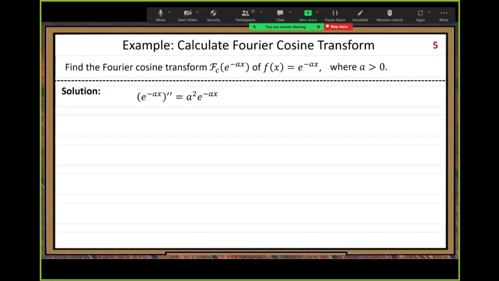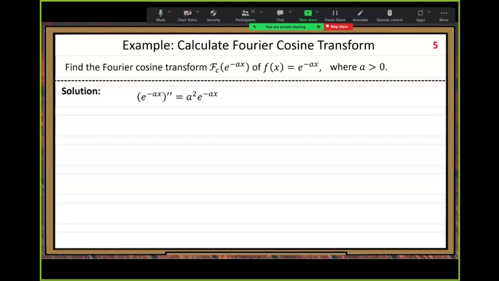Do you know why? The reason is simple. Remember, a pair of transforms, sine and cosine. For the cosine of the first derivative, you need to use the sine version.